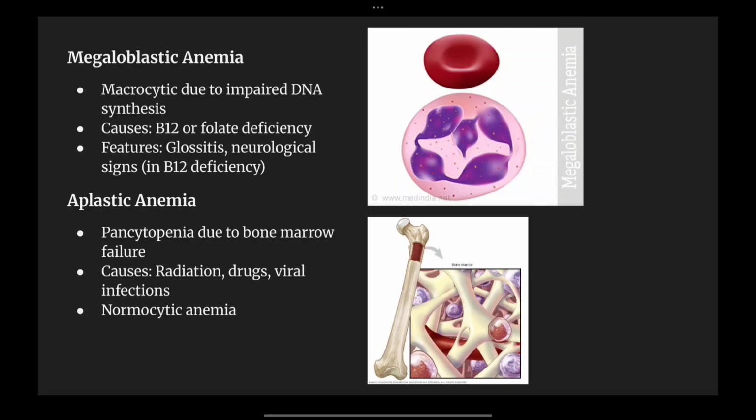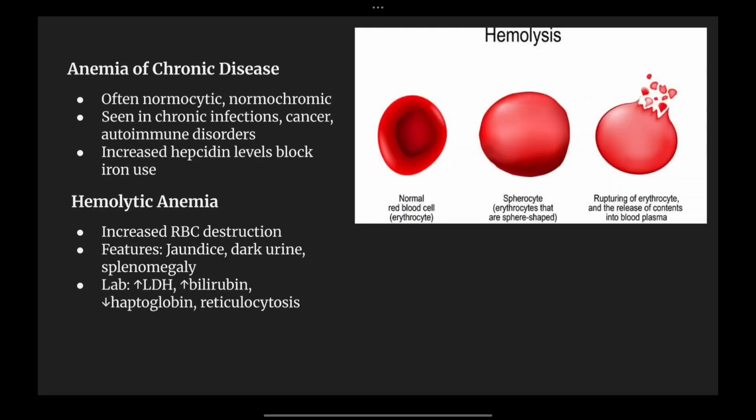Anemia of chronic diseases is often normocytic. The RBCs are of normal size, and it is seen in chronic infections like HCV, HPV, and sometimes cancer, and autoimmune disorders can also lead to anemia, with increased hepcidin levels blocking iron usage in the body.